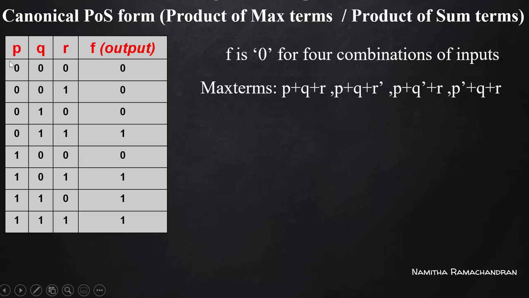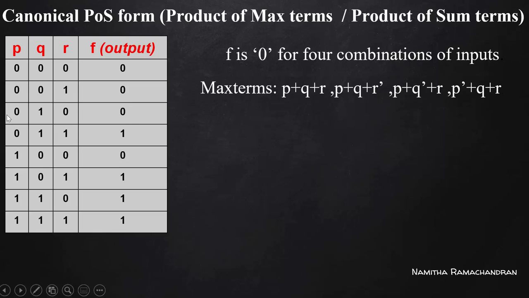If the variable value is equal to 0, then use its original form. If the variable value is equal to 1, then use the complemented form of the variable. And we can combine different variables using the logical OR operation in order to generate the max terms. So using these particular variable values, we can generate a max term like this: P plus Q plus R. And for this, P plus Q plus R complement.